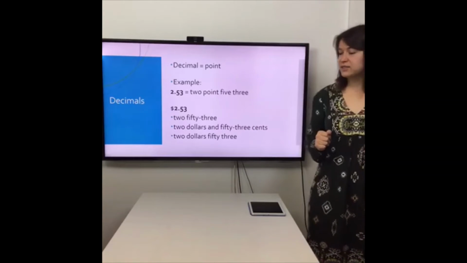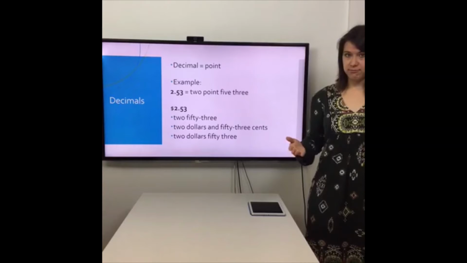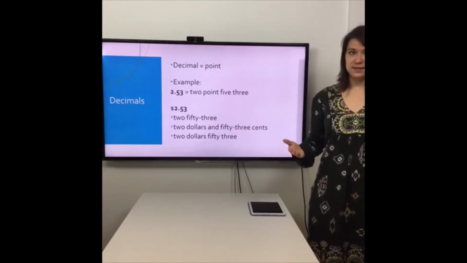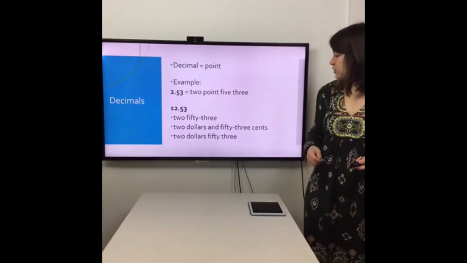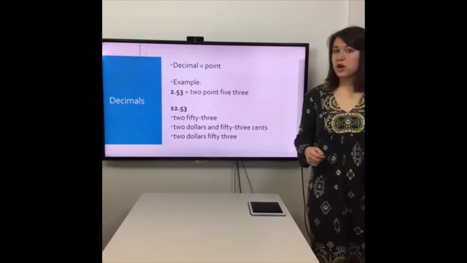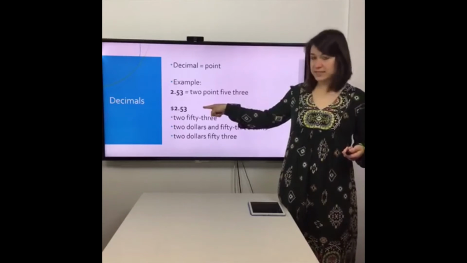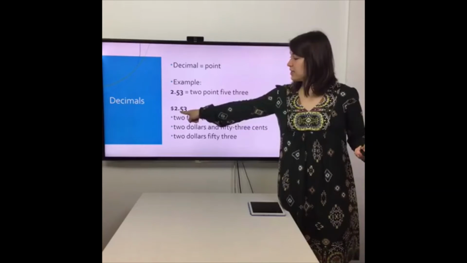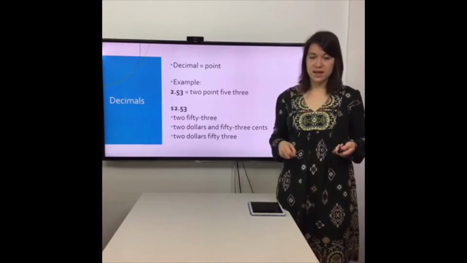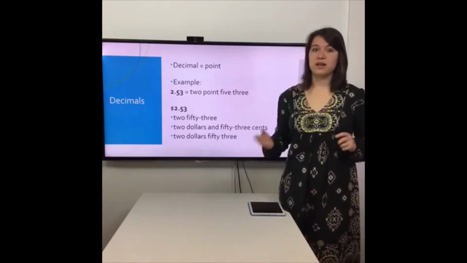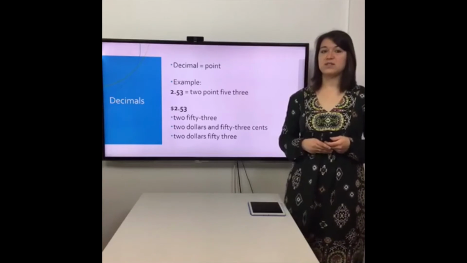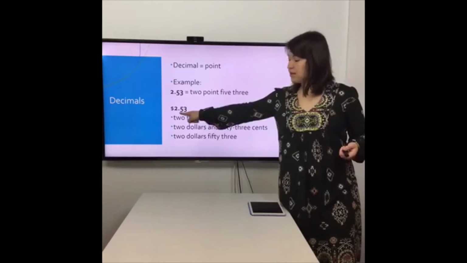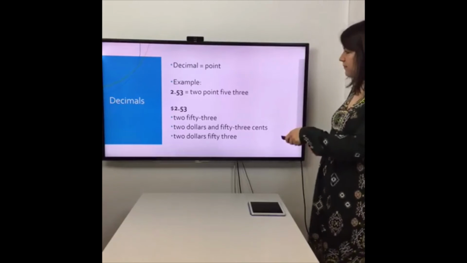So we can either say two point five three, we can say two dollars fifty-three, or we can say two fifty-three. Note that in English, the decimal point for dollar amounts, euro amounts, is expressed with a point, not a comma. So this is different between some languages, okay? So with thousands, we use a comma, and with decimals, we use this point, okay?